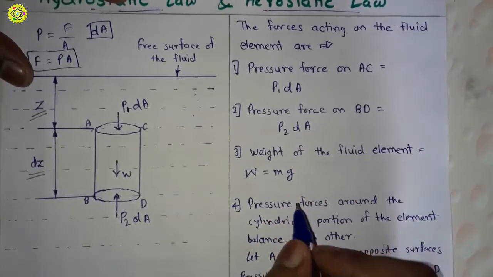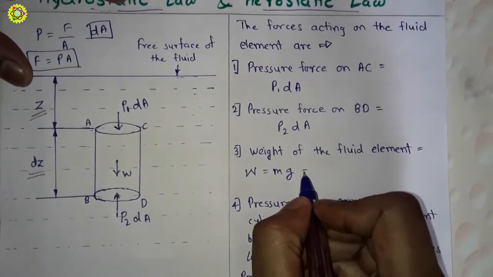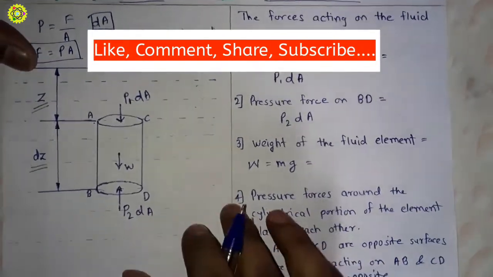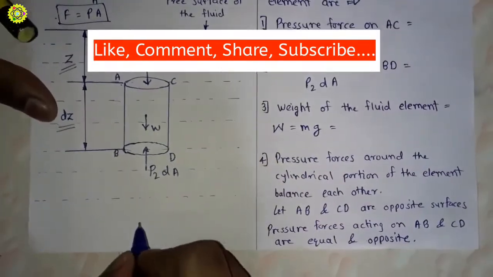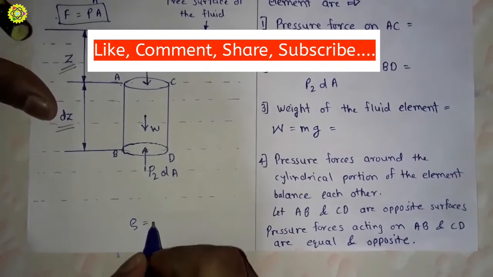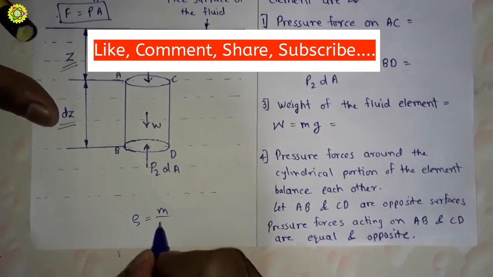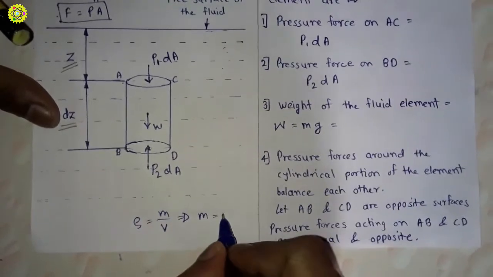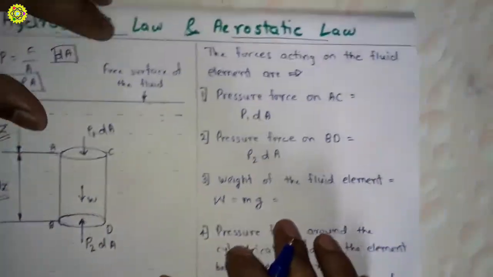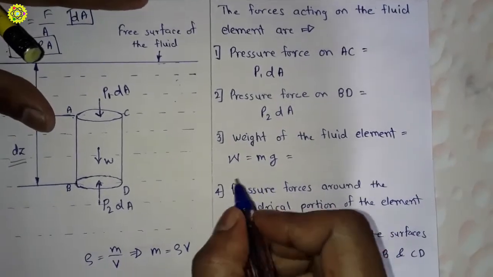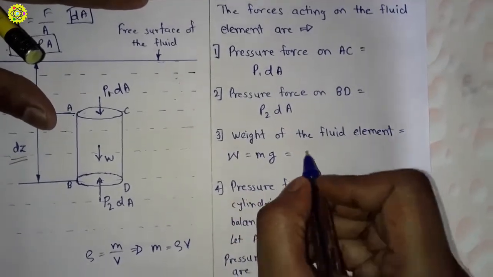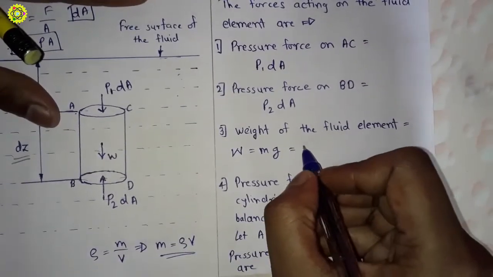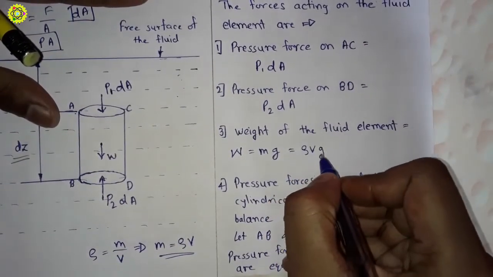Further we can write it as, as we know, density rho is equal to mass upon volume. This gives m is equal to rho v. So weight is equal to mg, which becomes rho vg.